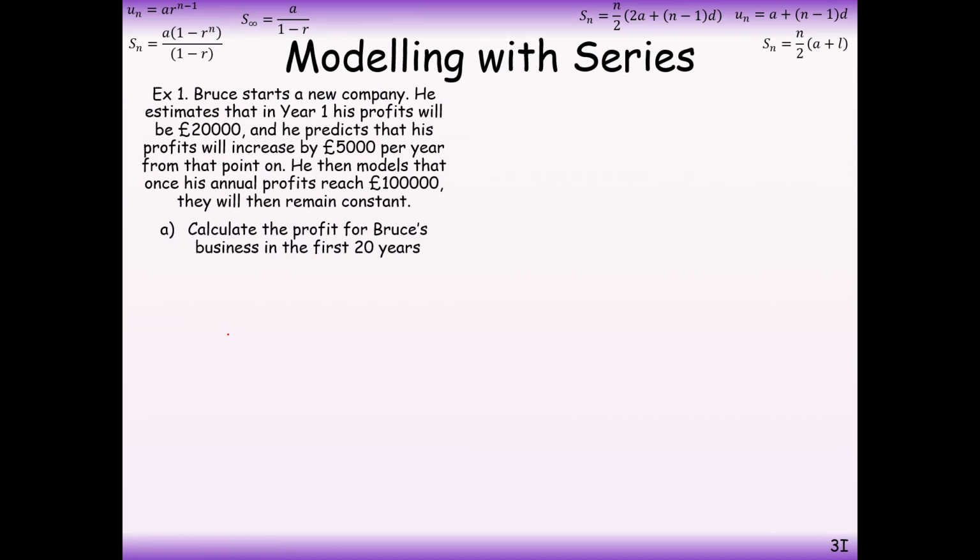Okay, so it might be tempting to think this is a straightforward arithmetic series, but let's see what the question is saying. Yes, it is an arithmetic series up to a point. From year 1, 2, 3, and so on, his profit will be rising at a constant rate, in a stepwise fashion, rising every year.